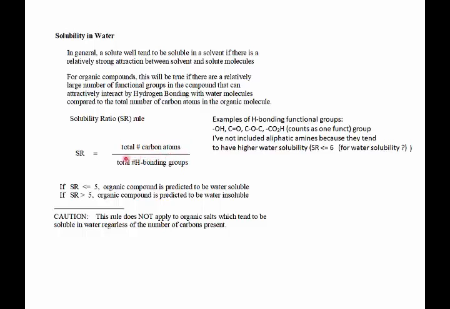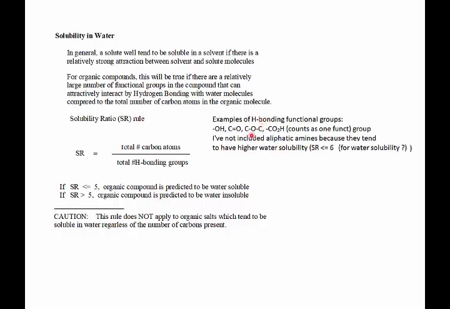Divide that by the total number of hydrogen bonding groups, and you get a number. If the value is less than or equal to 5, we predict the organic compound to be water soluble. If the solubility ratio value is greater than 5, we predict that compound to be water insoluble. I'll show you some examples in the next slide.